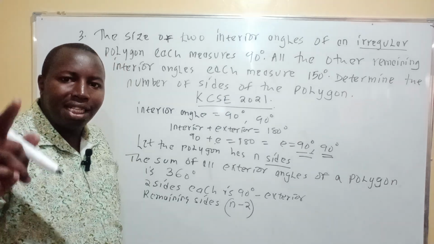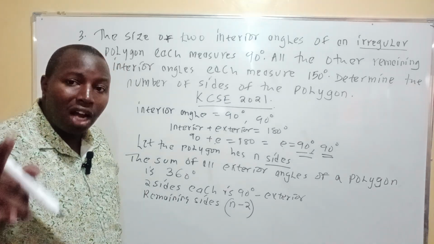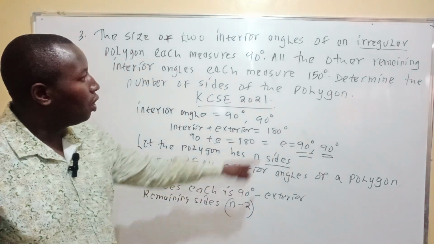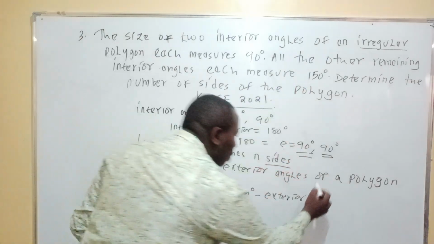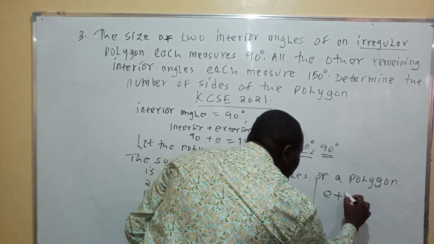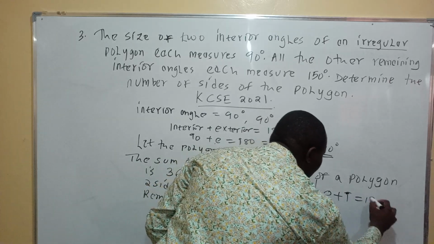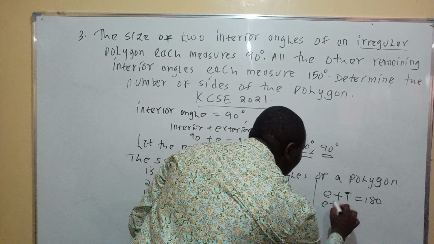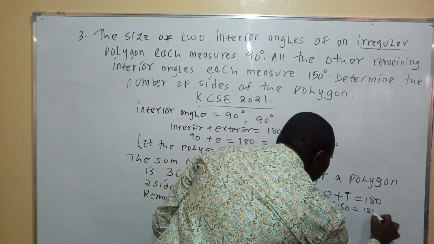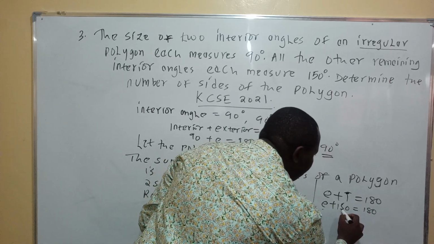And for each of the remaining sides, the interior angle is 150. So what's the exterior? Exterior plus interior angle equals 180, so exterior plus 150 equals 180.